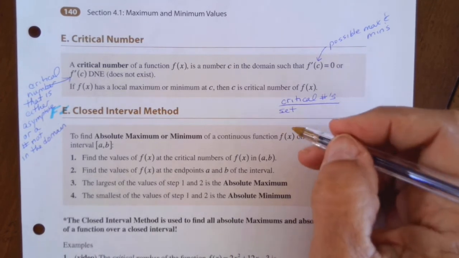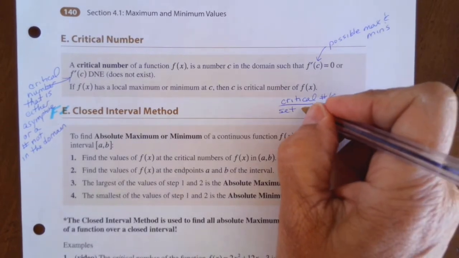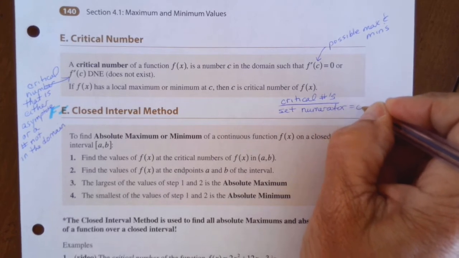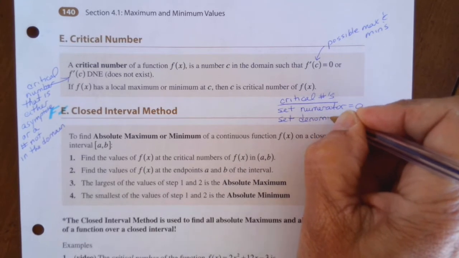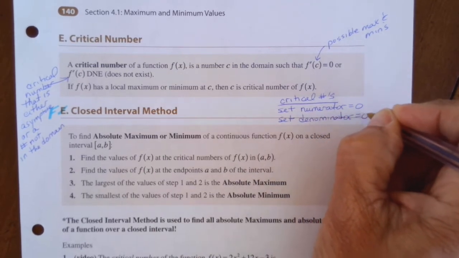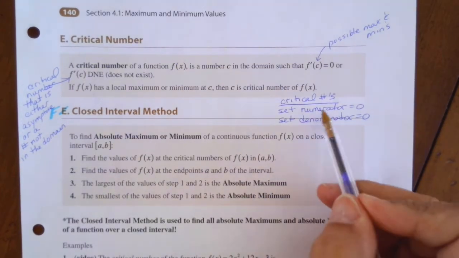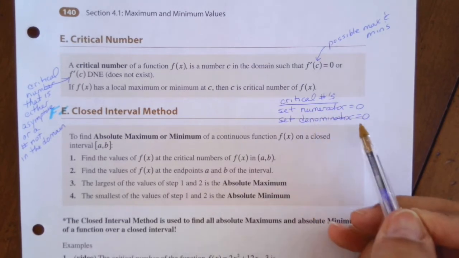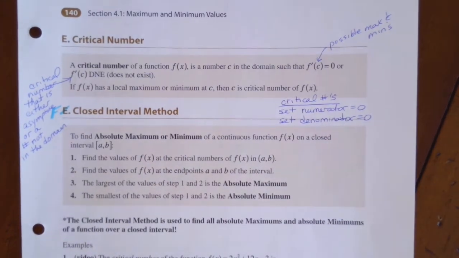But when we have other kinds of functions like rational functions, radical functions, different things going on, we're going to set the numerator equal to 0, and we're going to set the denominator equal to 0. These all give you critical numbers. Typically, these are the ones that exist and give you a derivative of 0. Typically, these are going to be your derivatives that don't exist. So just keep that in mind as we go through these.